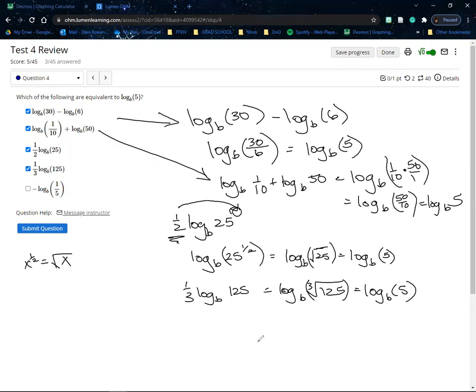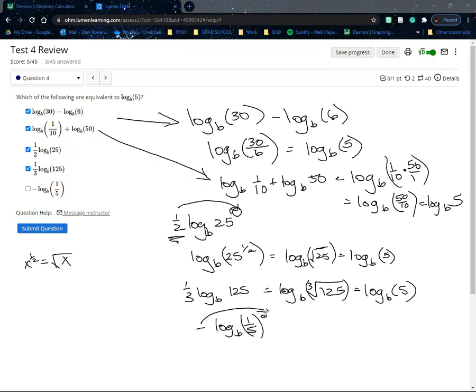And finally, we have one more. Negative log base b of 1/5. We can do the same thing with that negative, right? So this is log base b of 1/5 to the -1. Well, what's that do to that 1/5?